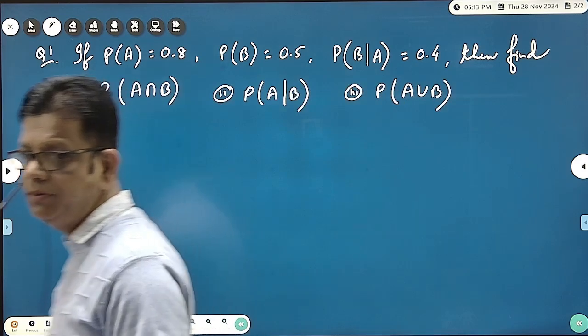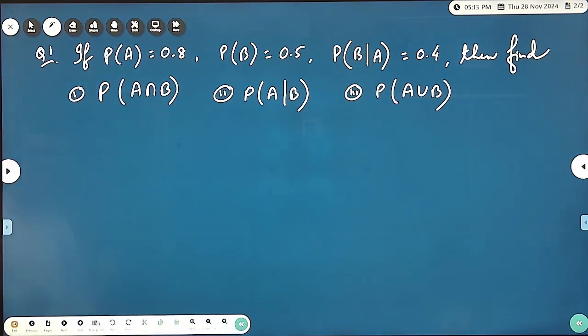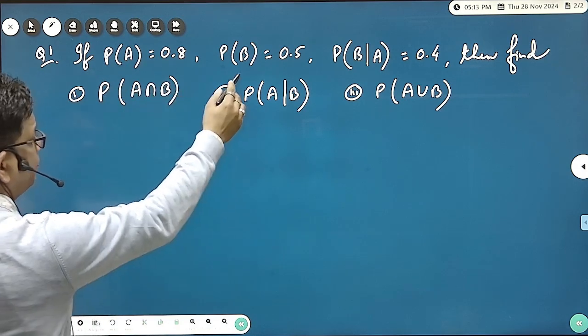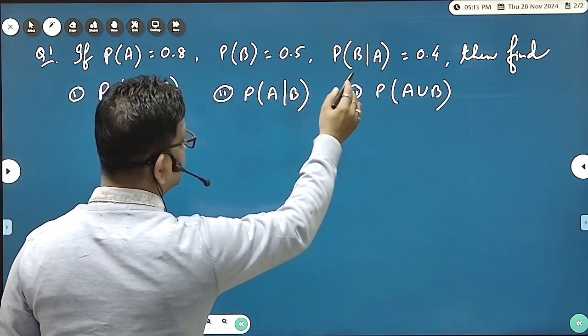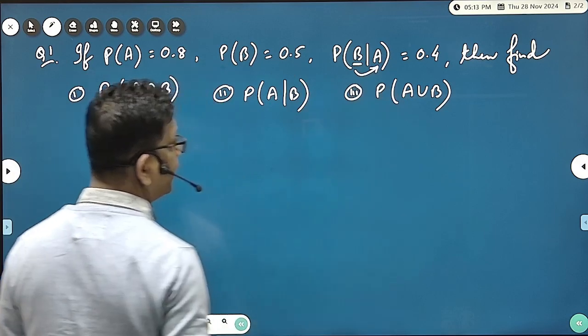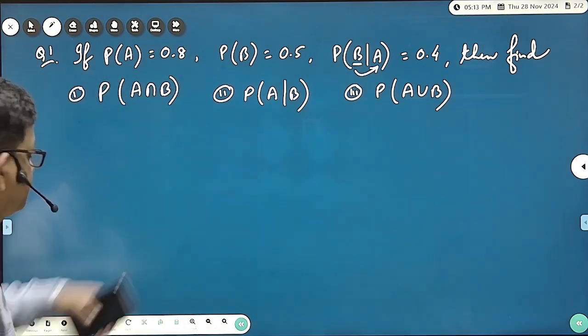This is a very simple example to understand the terms, what P of A, P of B and B conditional on A actually mean. P of A is the probability of getting the event A, P of B is the probability of getting the event B, and the probability of B is given subject to the condition A. You are asked to find these three terms.